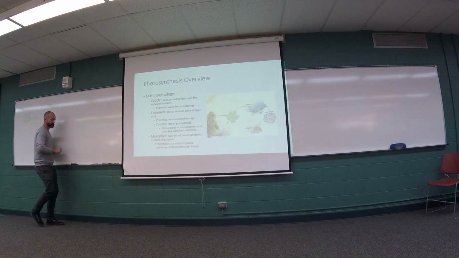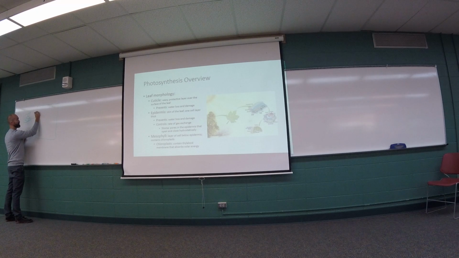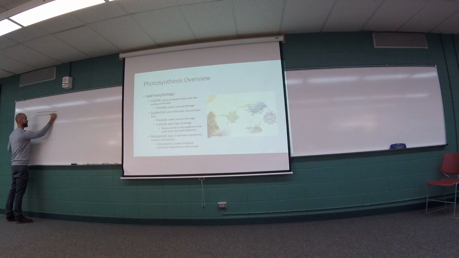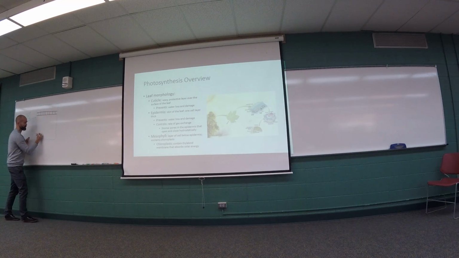So the upper layer and the lower layer of the leaf cross-section is epidermis. And these are all just tightly packed cells that have those stomata incorporated into them. And then the lower has epidermis as well.